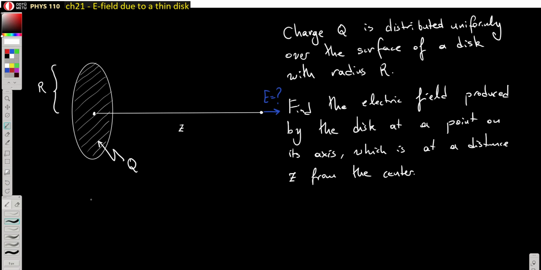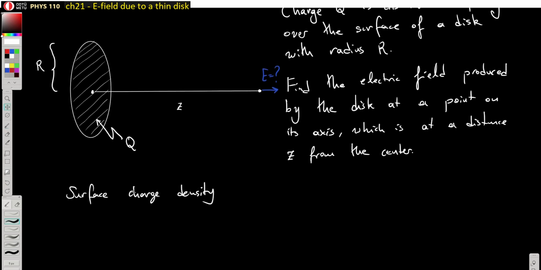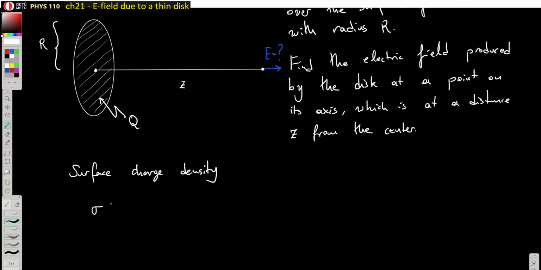So first things first, we need to define something called the surface charge density. This is usually shown by the Greek letter sigma. It is defined as the charge divided by the area.